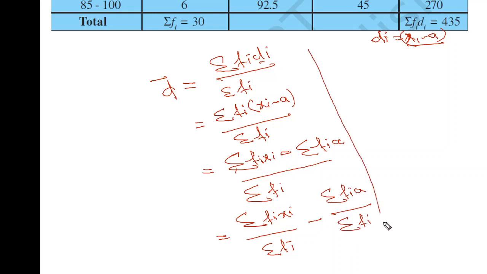Now further, you see, sigma fi xi divided by sigma fi, what is this? This is nobody but the mean. If you can remember, the formula of mean is sigma fi xi divided by sigma fi.